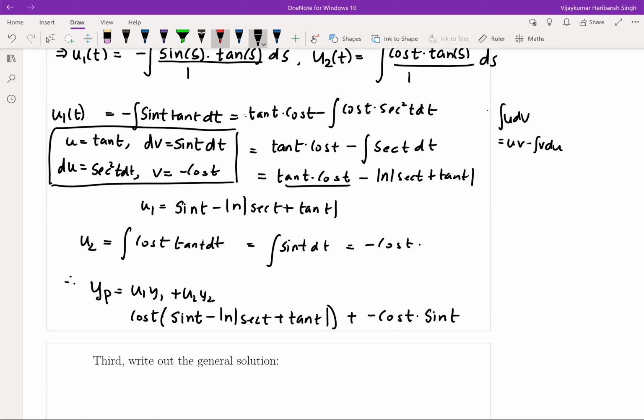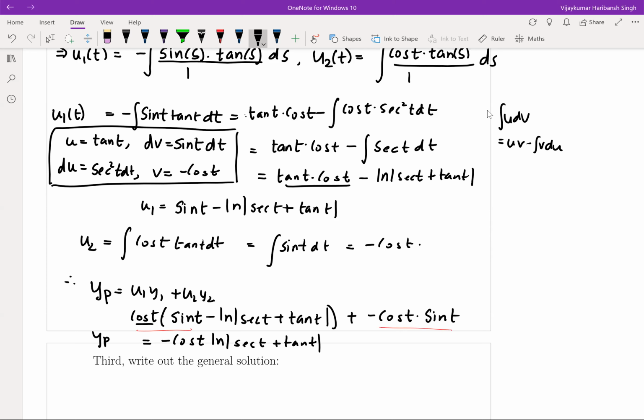So you see these two terms will cancel each other off. You are left with minus cosine t times ln of secant t plus tan t. So this is your yp.